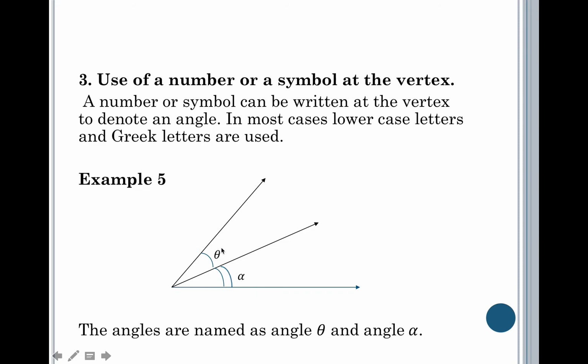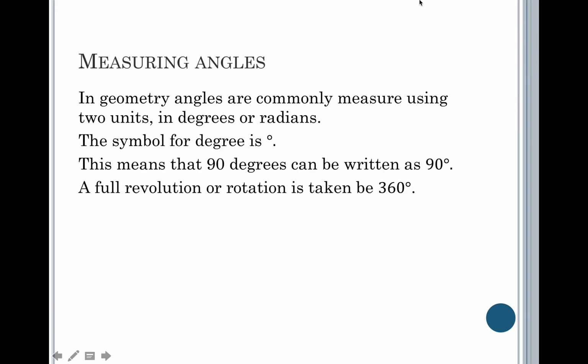It could be a smiley face. It could be a pi sign. It doesn't matter what they're named, as long as you know that this angle goes with this symbol and this angle goes with that symbol. The reason why there are 2 lines versus 1 is that it's saying this angle is different than this angle. Just so that you know, that's for a later lesson.